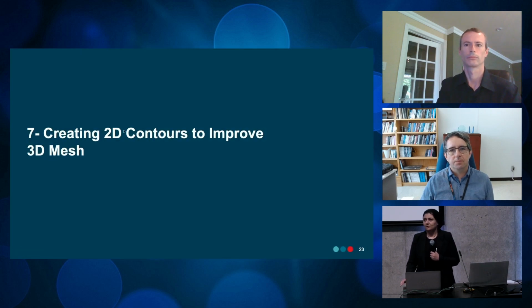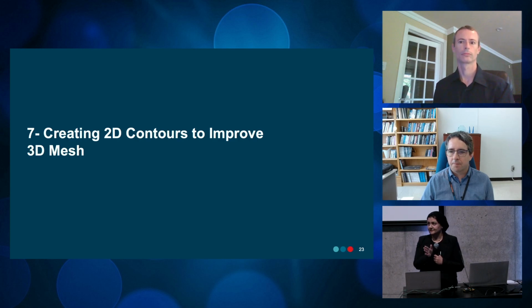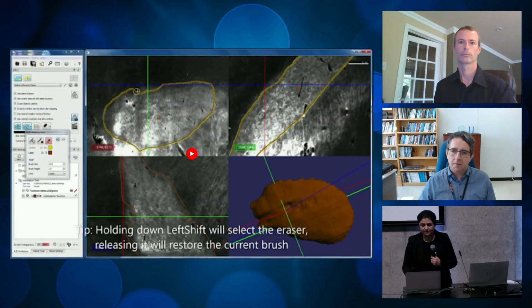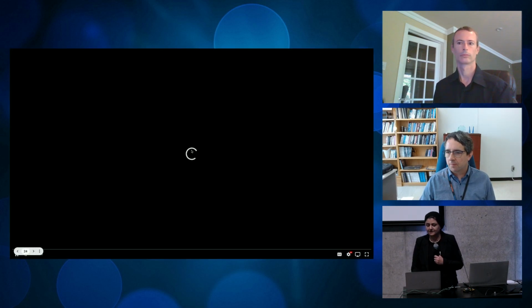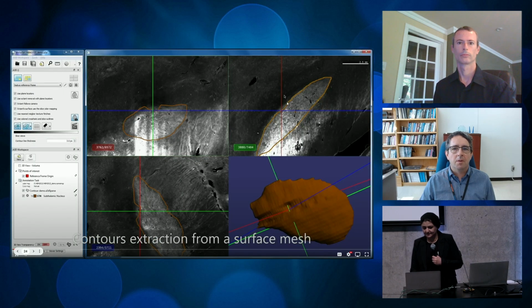Next, what I'm going to do is use this extracted 3D mesh and slice it in different planes, and try to correct it to have a better, improved 3D surface. As you remember, we painted in the coronal plane.